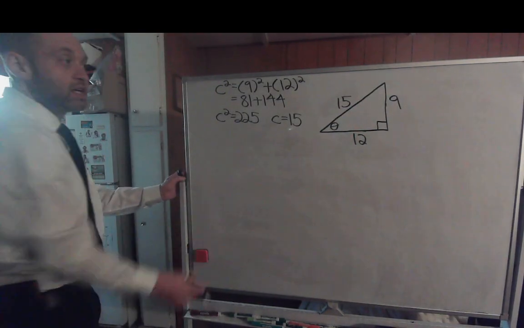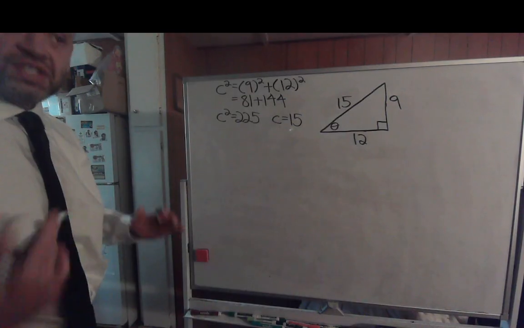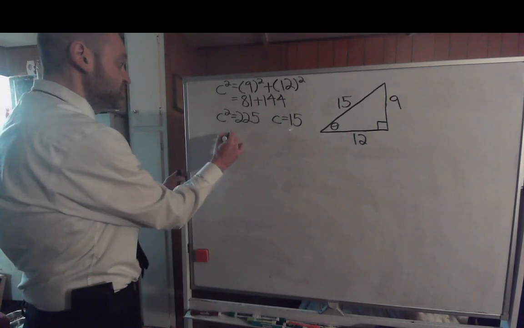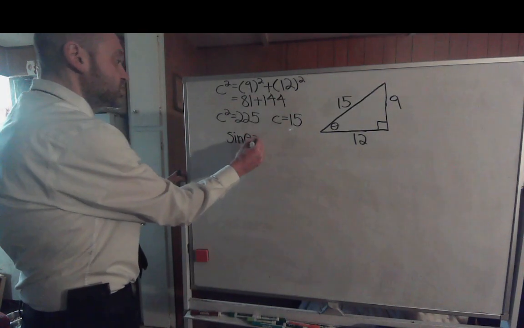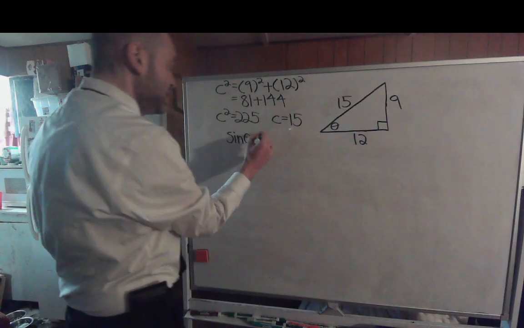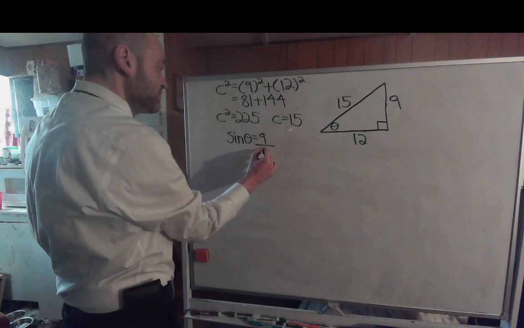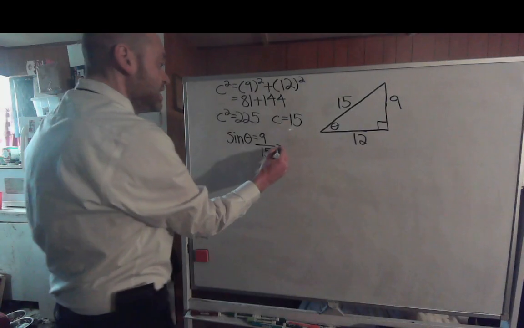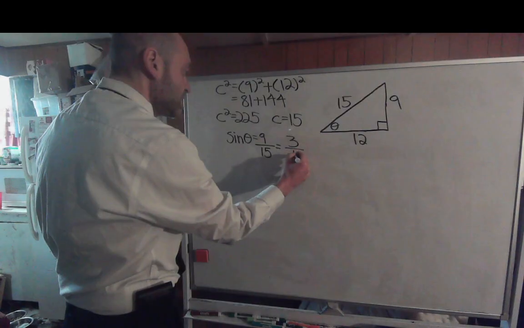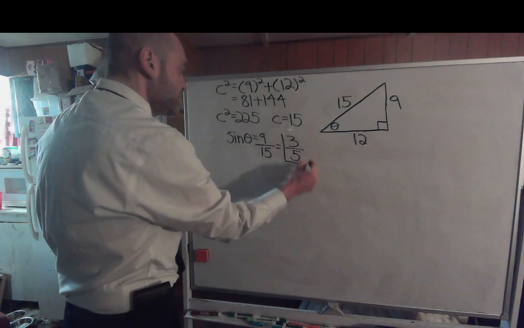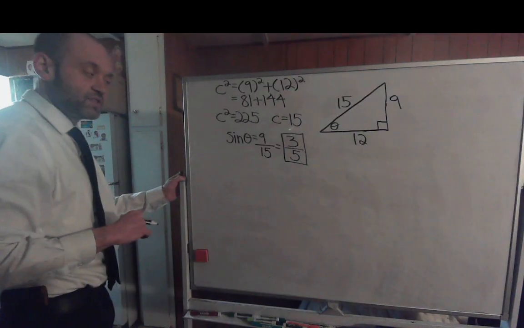Now we know the length of the hypotenuse to be 15. All right, so we can go ahead now and find the value of our 6 trigonometric functions. So the sine of theta, of course, is going to be your opposite side of 9 over your hypotenuse of 15. 9 over 15 simplified would be 3/5. So the sine of theta would be 3/5.